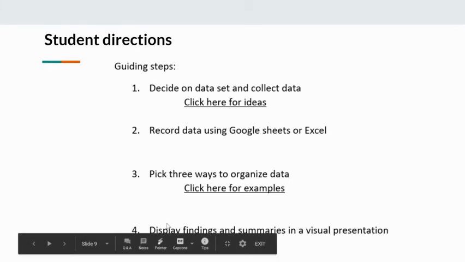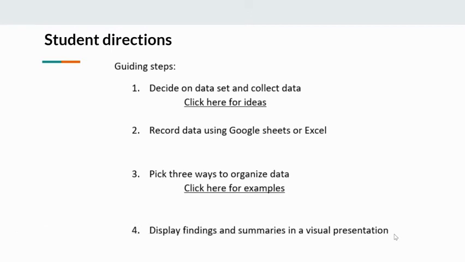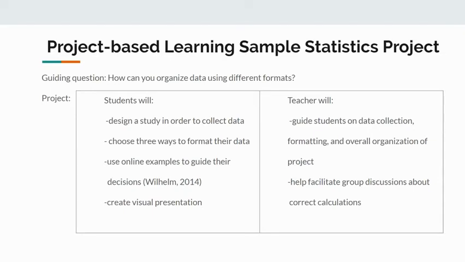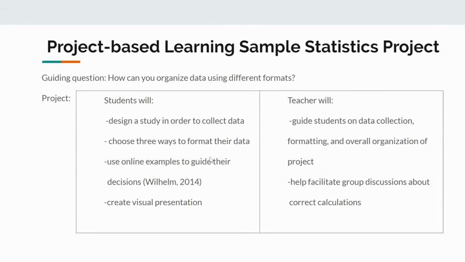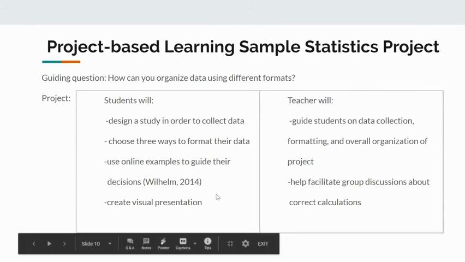This would also be a majority of their active learning to figure out how to present it so it's clear and concise for those who are watching their presentation. So in this project-based learning example, students would be designing a study, collecting their data using online examples, and creating a visual presentation.